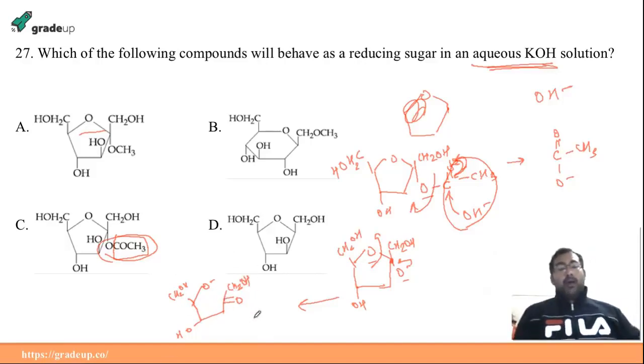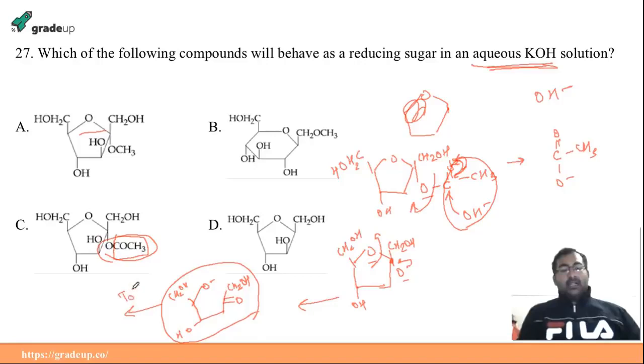Now the compound which you are having here finally, if you put Tollens' reagent, it will give you a positive silver mirror test. So this sugar is actually a reducing sugar.